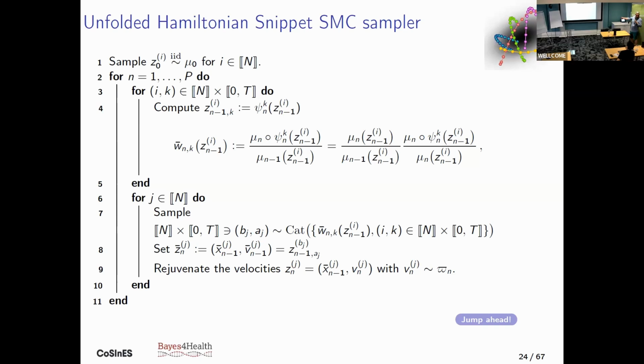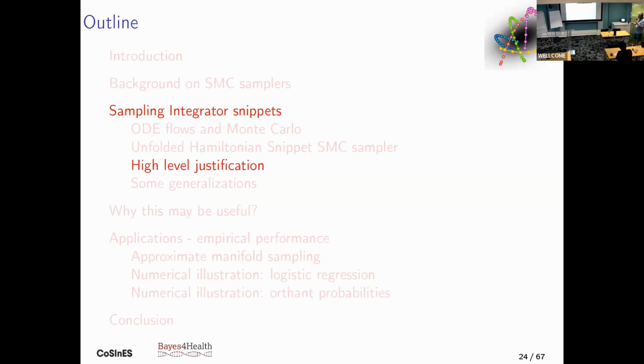So now you're trying to target mu n directly, and you're taking into account the perturbation introduced by the integrator along the snippet. And these are the weights that are going to be used for the selection among the N times capital T plus 1 particles. That's the idea. Okay, so high-level justification.